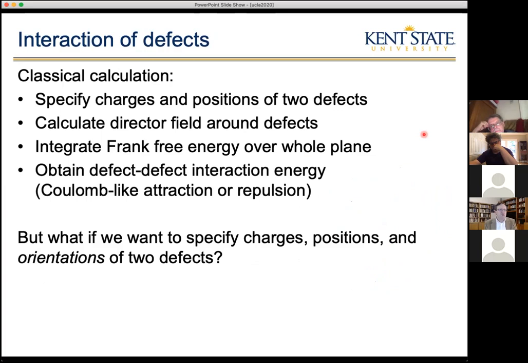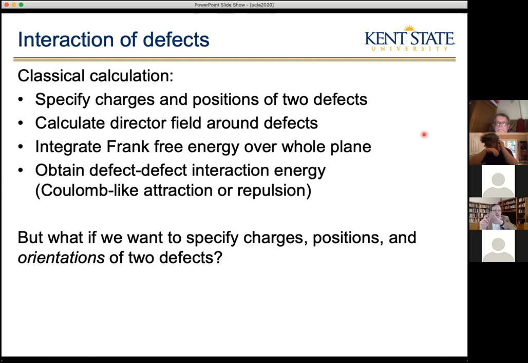Okay. So for the classical calculation, we could say, suppose we have 2 defects with certain positions and certain topological charges. And then we can calculate the whole director field around these defects everywhere. We can do that exactly for a material with equal elastic constants.